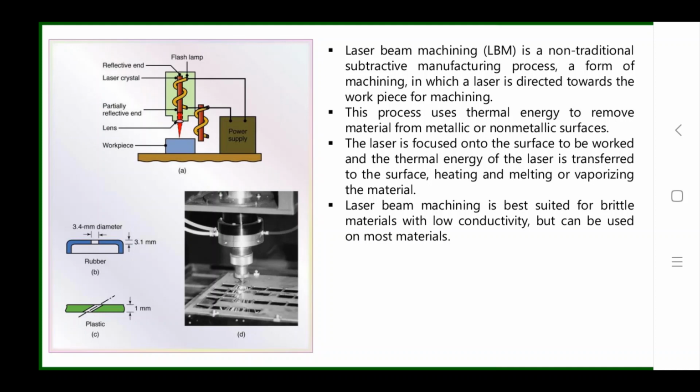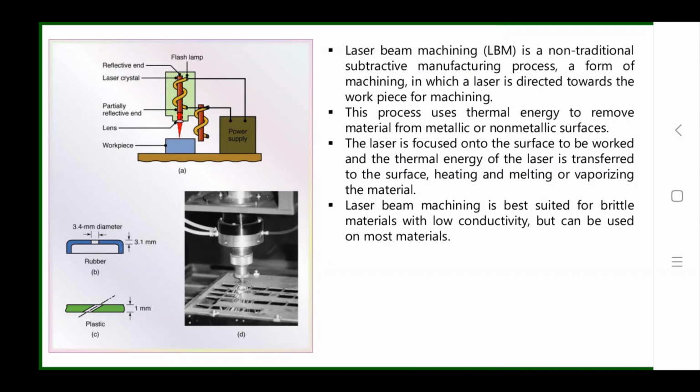Laser beam machining is a non-traditional subtractive manufacturing process, and it is a form of machining in which a laser is directed towards the workpiece for machining purposes. This process uses thermal energy to remove material from metallic or non-metallic surfaces.